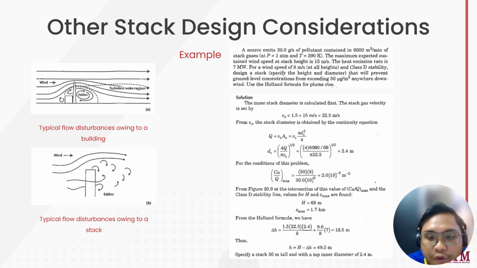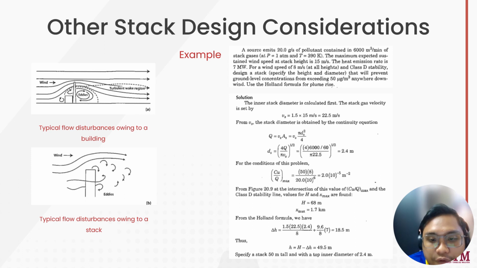For the condition of this problem, we use a polynomial equation from the slide before and insert the information to get 2.0 times 10 to the power of negative 5 meter to the power of negative 2. From figure 2.9 or the table, at the intersection of this value of Cu over Q max and the class D stability line, we get the values of H and X max, which are H equal to 68 meters and X max equal to 1.7 kilometers.